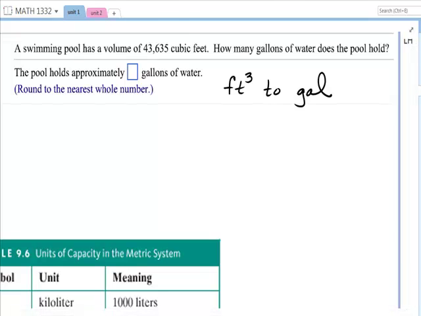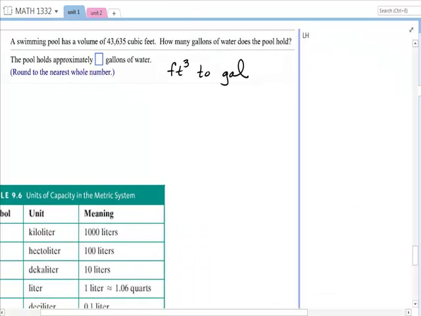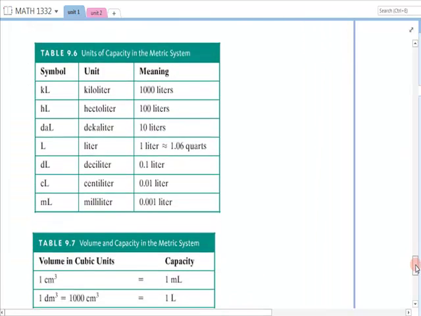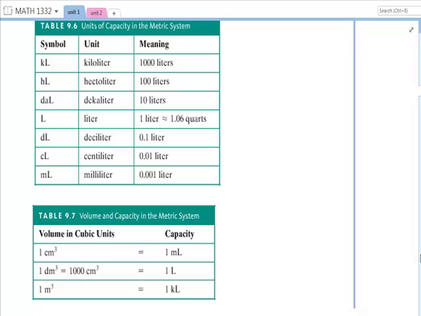All right, let me shrink this back down just a little. The problem concludes with working with capacity in the metric system, and then conversions between those in the US and the metric system. Oh, no, I'm sorry. This is all metric system.